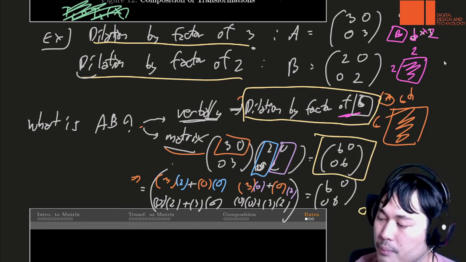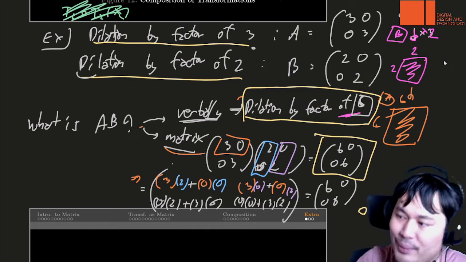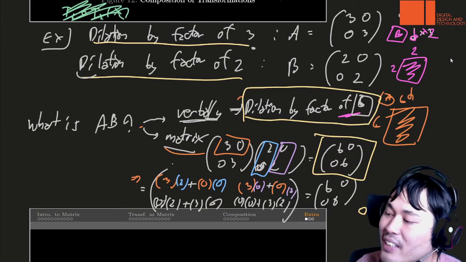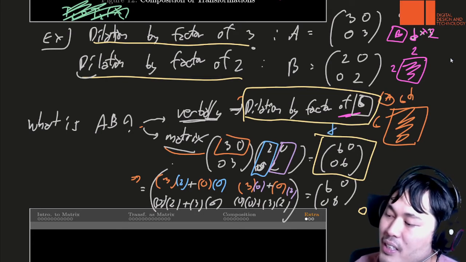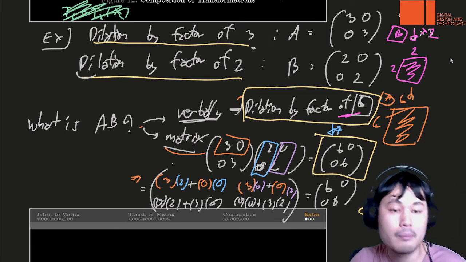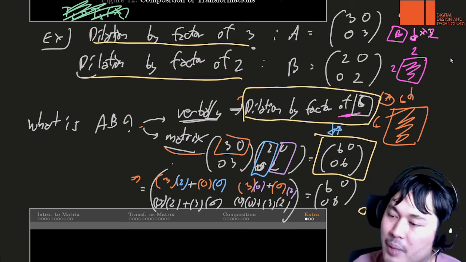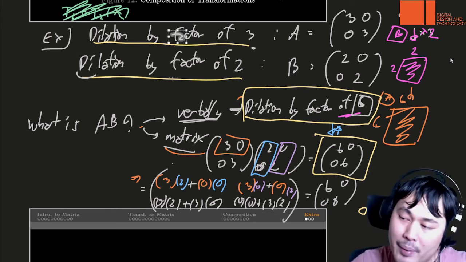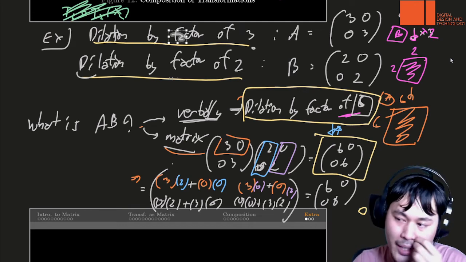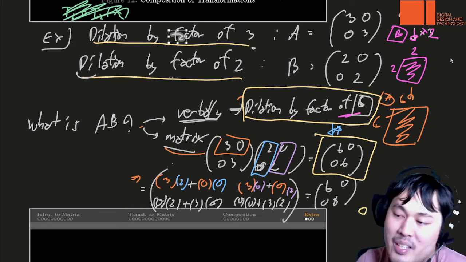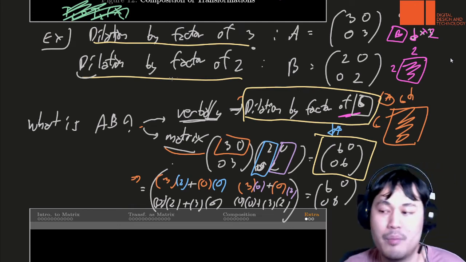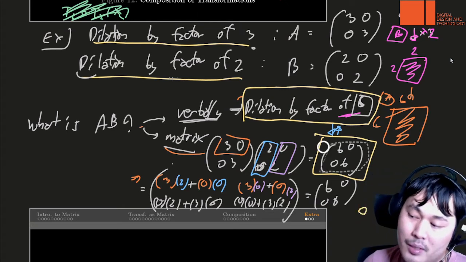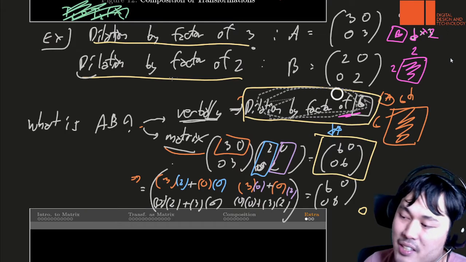And that's the end of it. But the hidden connection here is that you should also see that these two need to be the same thing, because we perform the same transformation. We just describe it in two different ways. And if it's the same transformation, then they should give you the same result. Can you see that this matrix is indeed the relation by a factor of 6?